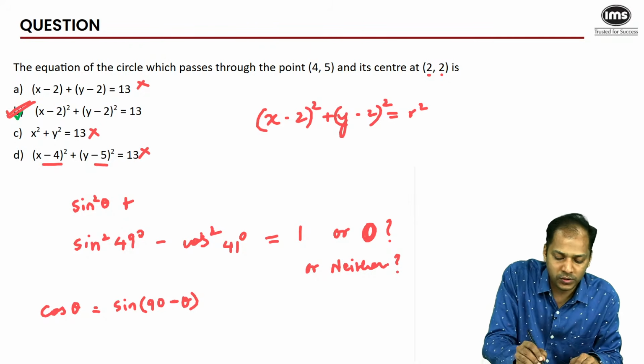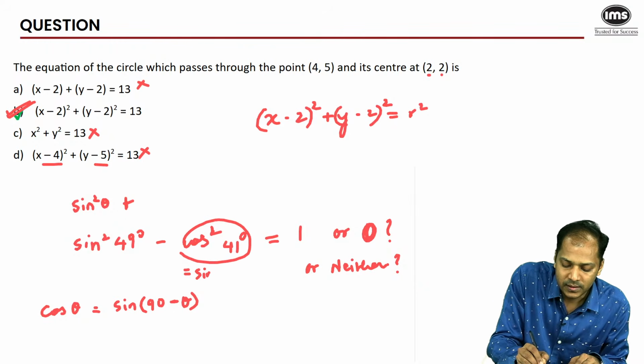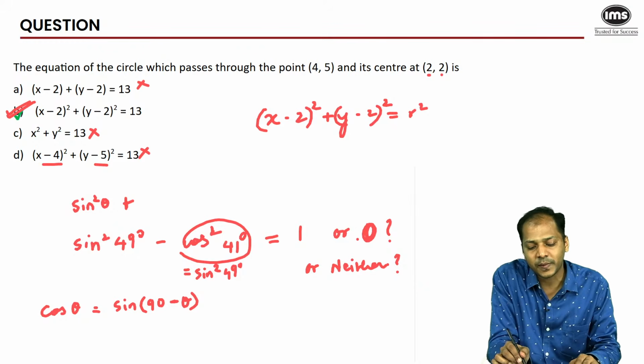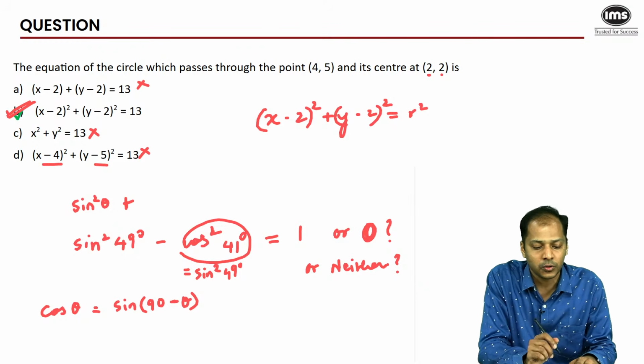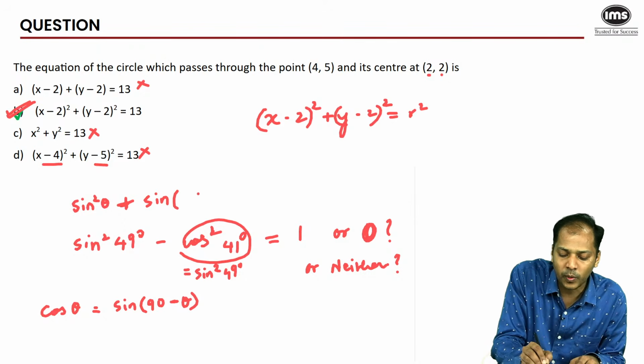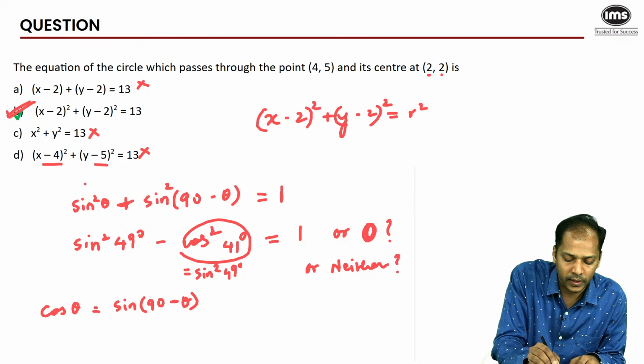So basically cos square 41 degrees is the same as sine square 49 degrees, and therefore sine square 49 degrees minus sine square 49 degrees would be 0. The other thing is, sine square theta plus sine square 90 minus theta is equal to 1.